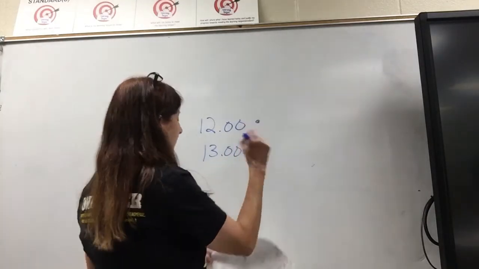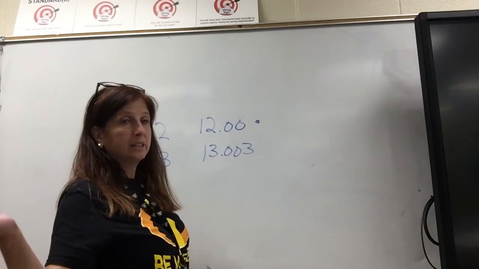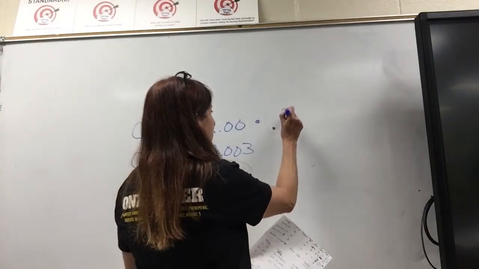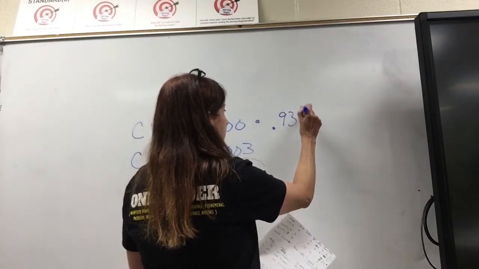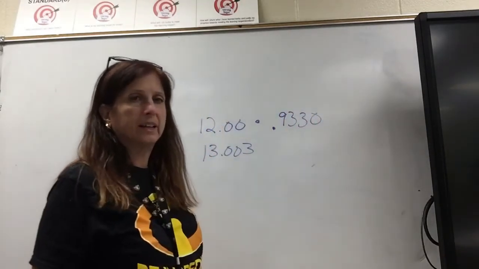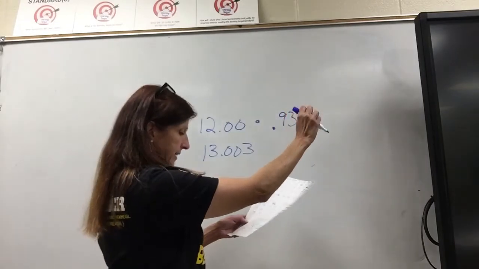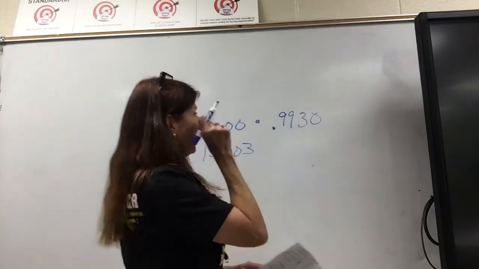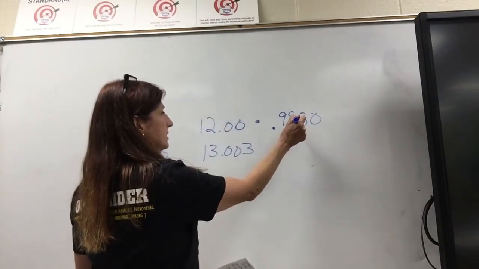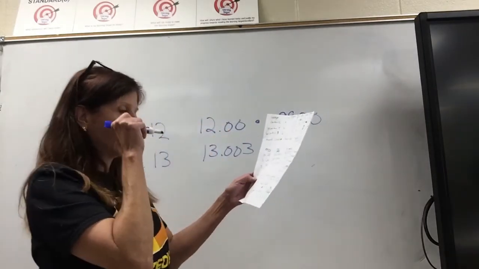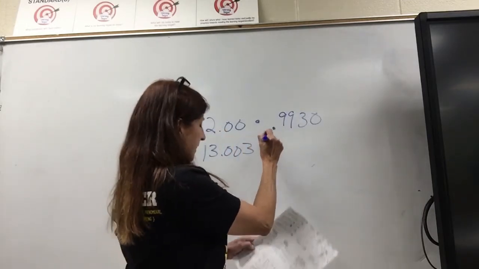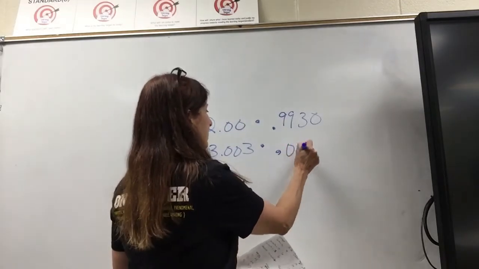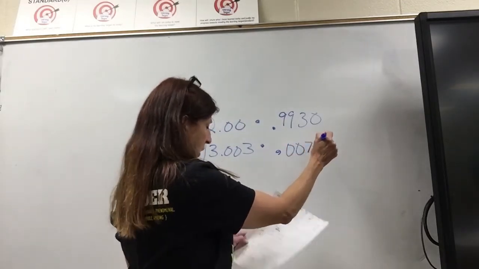And we're going to multiply it times its abundance percent written as a decimal, so it's 99.3%. I said 99, I wrote 93. Forget that I did that. Okay, so it's 99.3%. You move the decimal place over 2 frog hops, and then this one is 0.7%, so it's 0.0070.